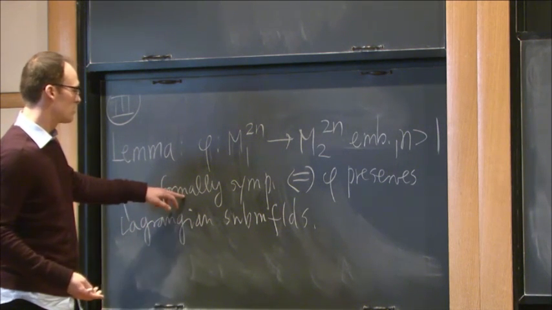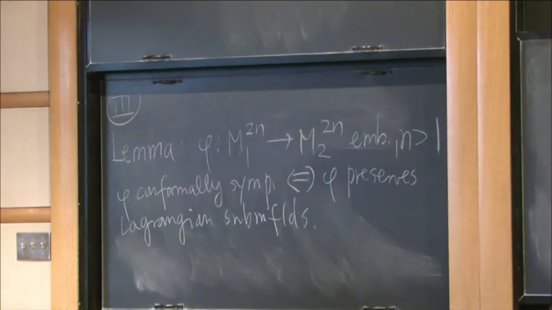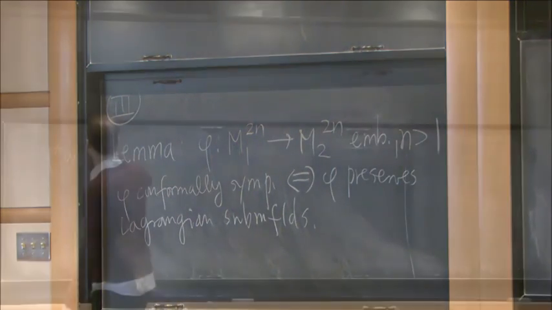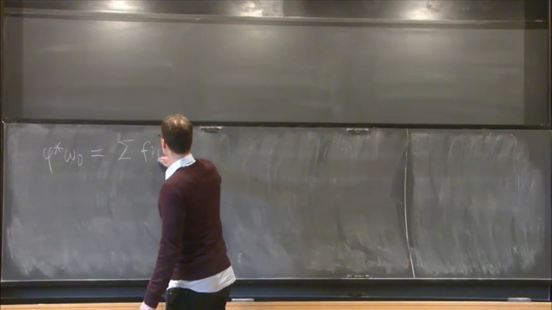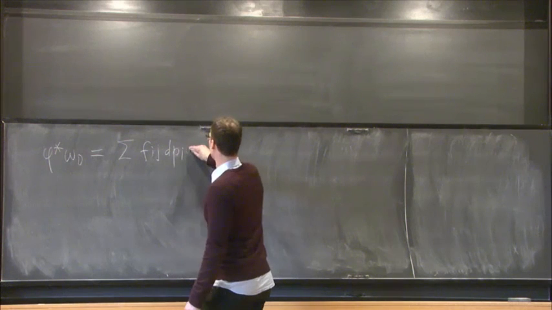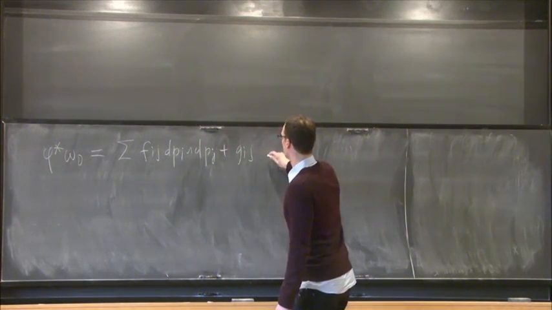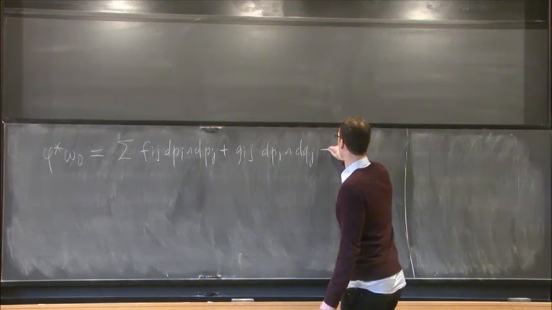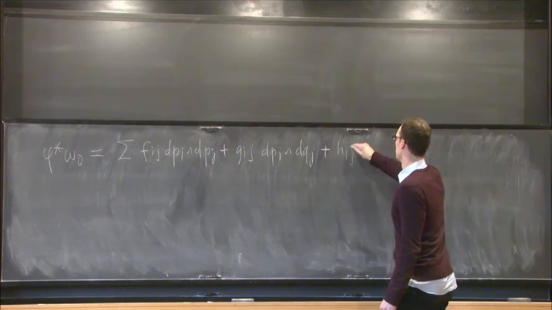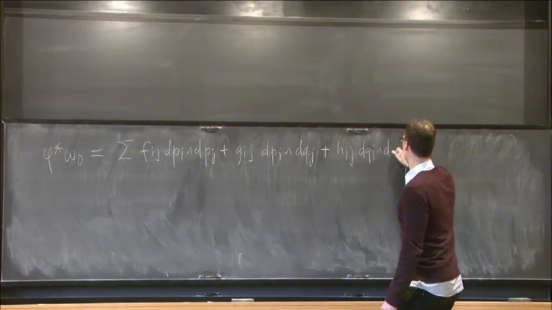And since this is just a pointwise property, it's enough to look at R^2n. Now look at the pullback of omega_0, and it's some 2-form. And there's some other functions over here, dq_i wedge dq_j.